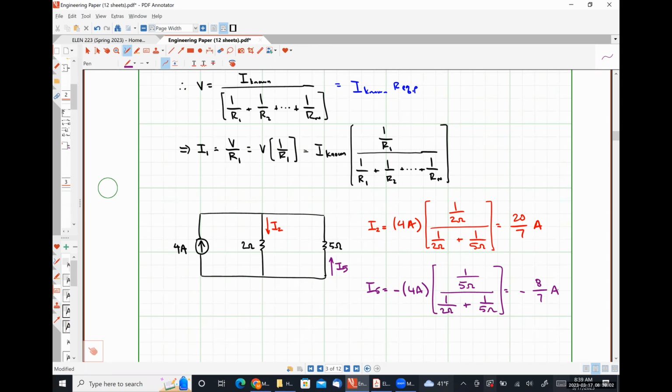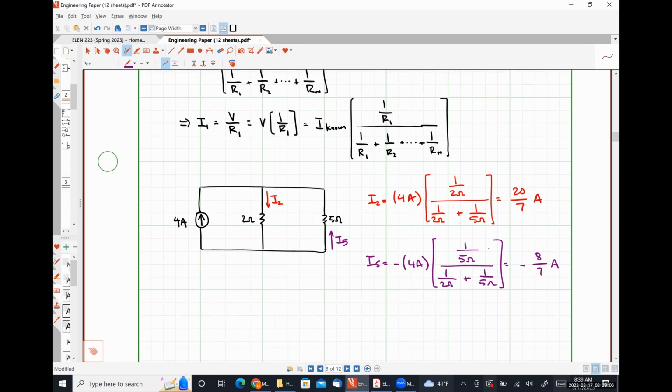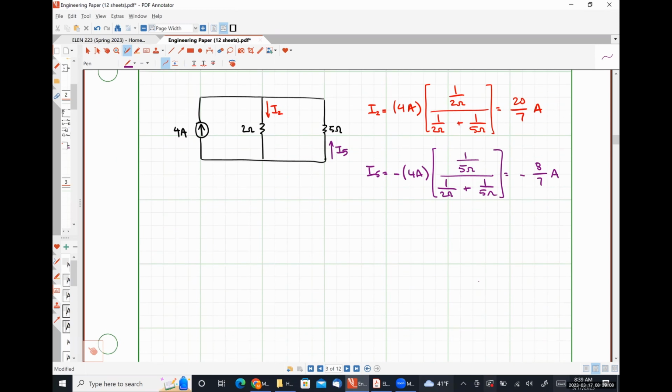Now let's mess with things a little bit and see how we can expand the efficacy of current division. So let's say that I have a circuit like this.